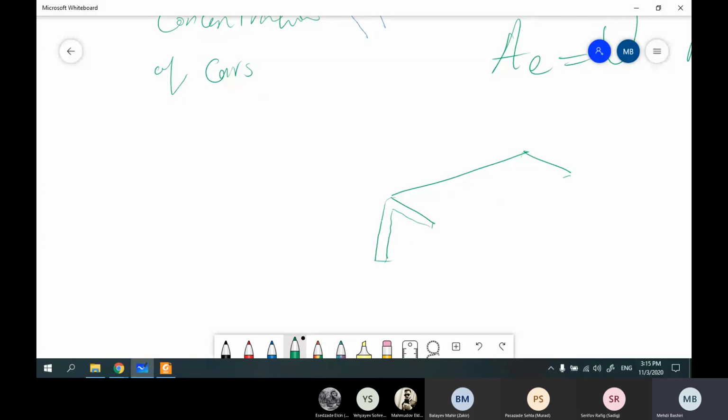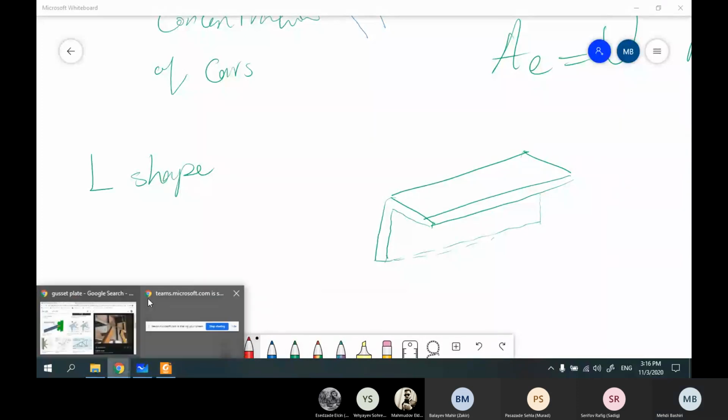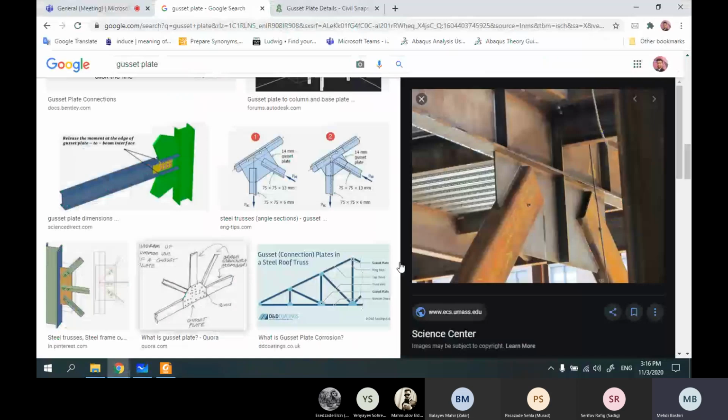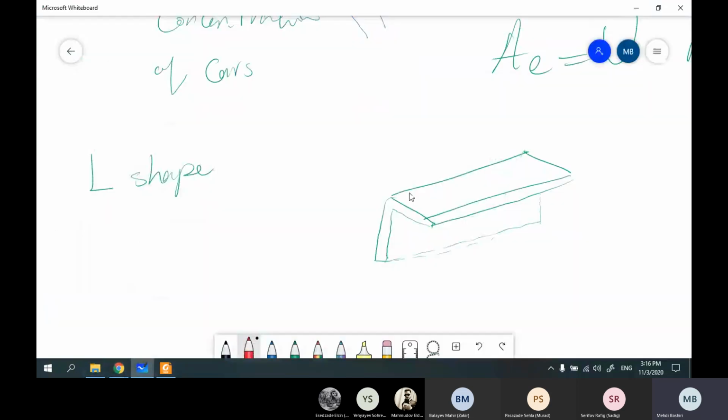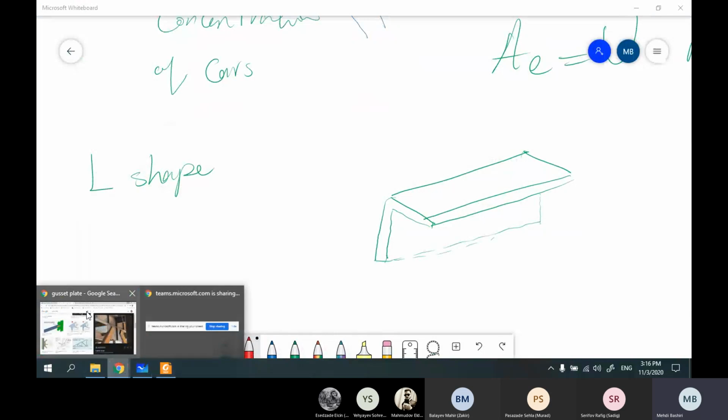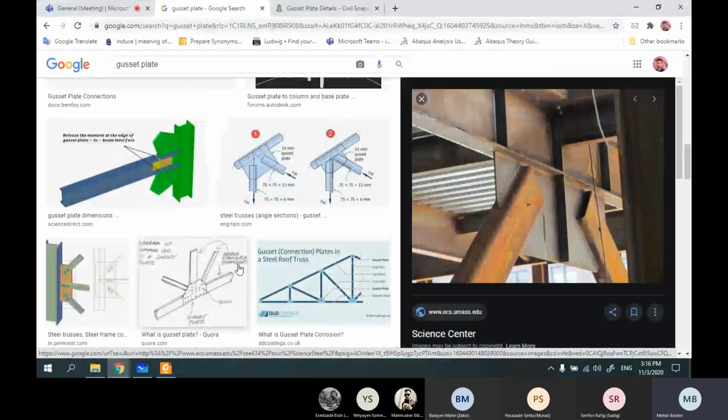If you remember, I explained what is this member. We called it L shape. This is an L shape member. And in here, if you see, we have a U shape, but in this case, we have an L shape. Let me see if I can find something like this.